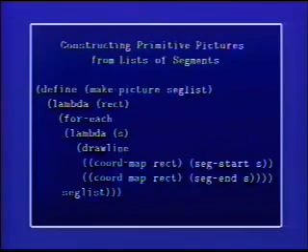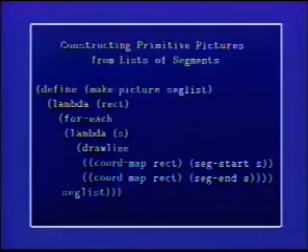It does that for each S in this list of segments. And now remember again, a picture is a procedure that takes a rectangle as argument. So when you hand it a rectangle, this is what it does. Draws those lines.